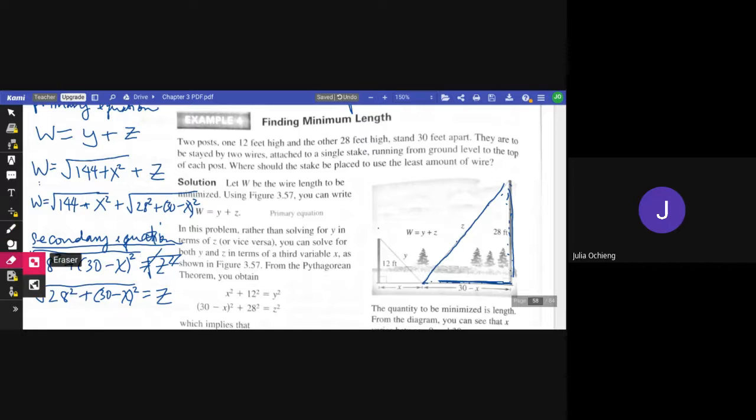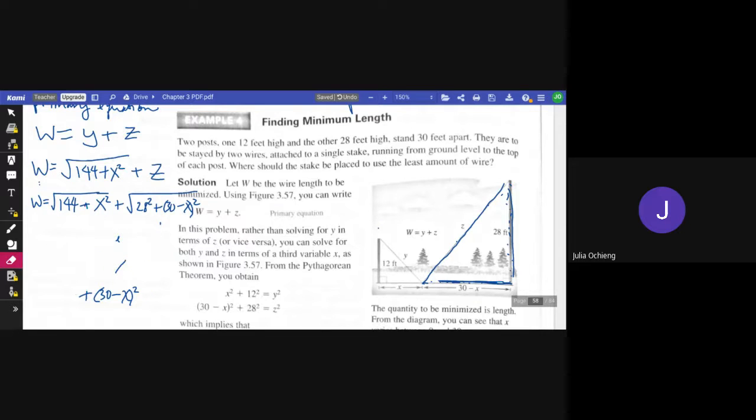In order to optimize this, I'm going to clear some space to work here. Think about what you have to do to set that up, because now I have a primary equation to optimize. All right.